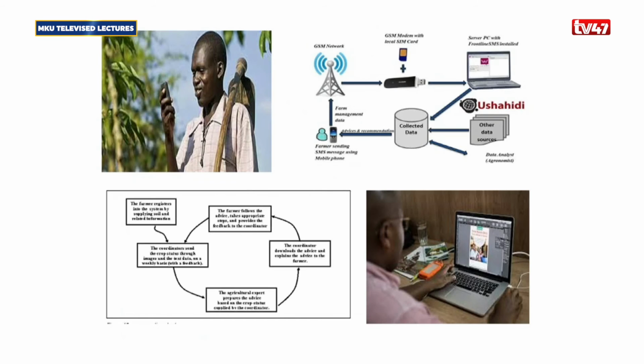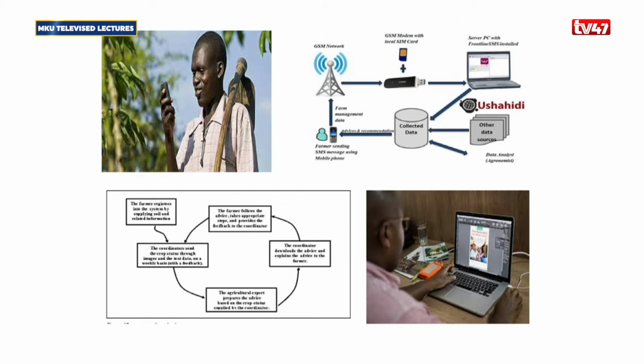Now, due to technology advancements, farmers have come to the stage whereby they need information instantaneously. If there's something wrong with their farm products, their crops, they need to get information instantaneously.